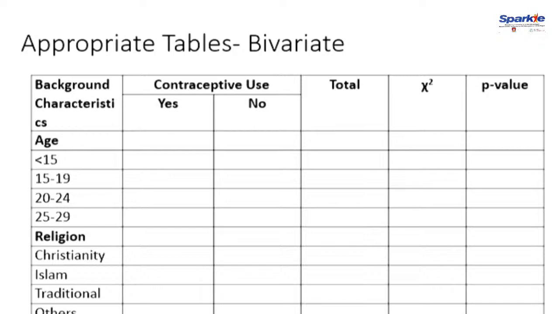Ordinarily, for me, I should have matched these lines together that will terminate at 25 to 29. Match Christianity together that will terminate at others. Yeah, so it's a single p-value, it's a single chi-square value. Okay?